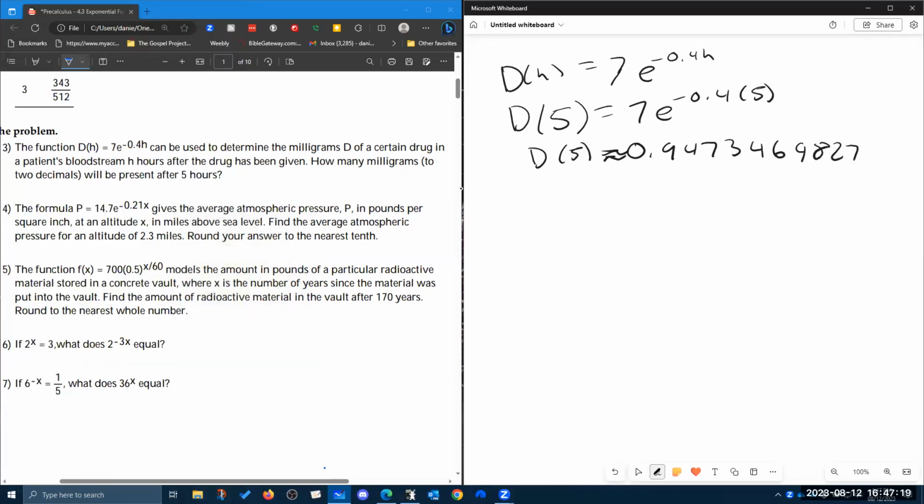It says that it wants the answer to 2 decimal places, and these are in milligrams.